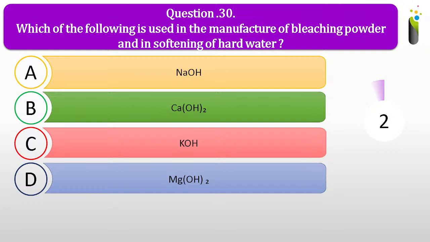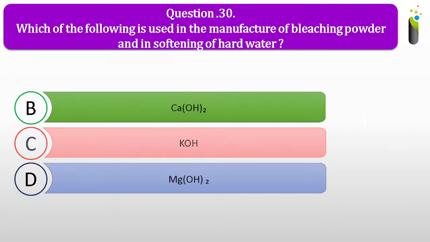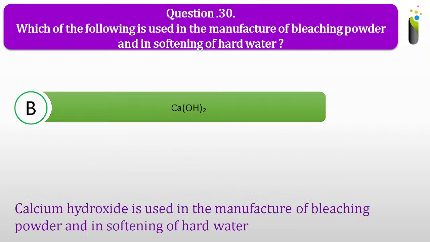And the correct answer for this question would be Ca(OH)2, that is calcium hydroxide, which is used in the manufacture of bleaching powder as well as in softening of hard water.